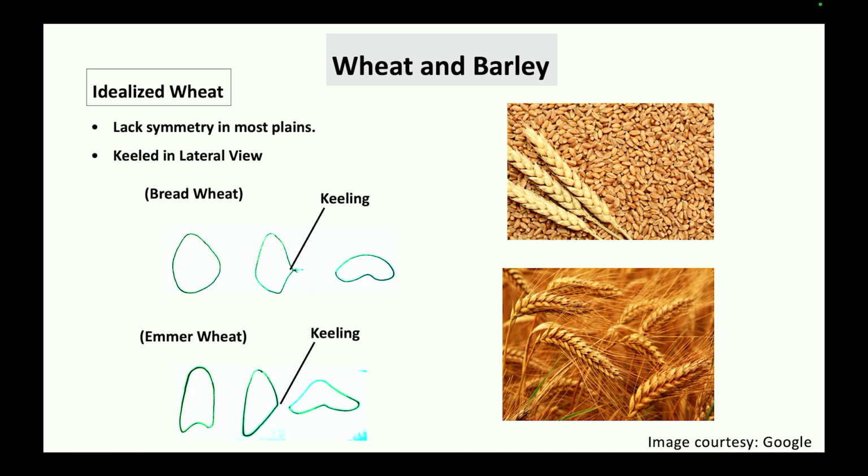Emmer wheat, on the other side, is a tetraploid species and one of the earliest domesticated wheats. Emmer is valued for its nutritional richness and continues to be cultivated in some regions for traditional foods.